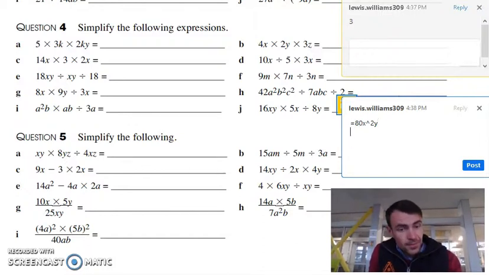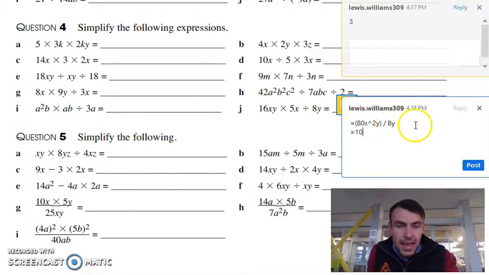The second part, and see how I'm breaking this into steps to show my working out, is going to be to divide all of that by the 8y. And I'm just using some brackets here to show that. And so I can do the 8 and the 80.